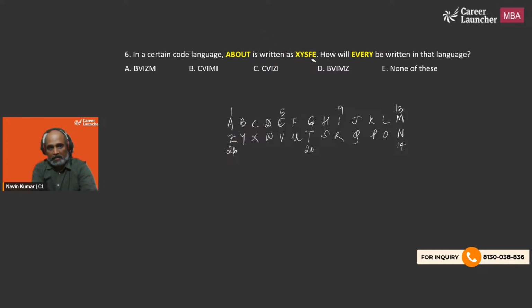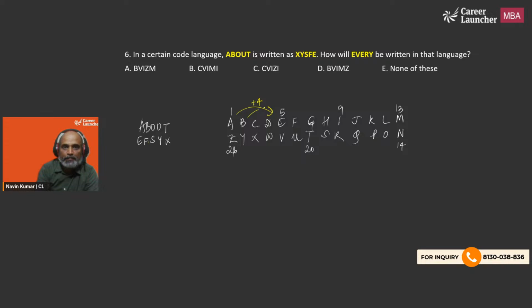So if the sequence is not the same, what we need to do is reverse and then check. So what we will do is we'll write down about, and then we will write down XYSFE, but from right to left. XYSFE. Okay. Now A to E, if we look at it, so A to E, that is 1 becomes 5, so that's a +4.